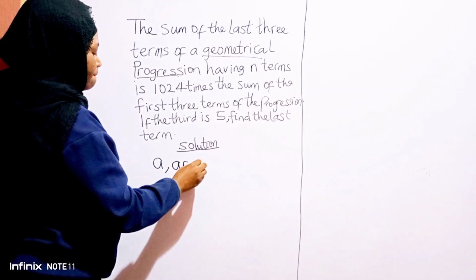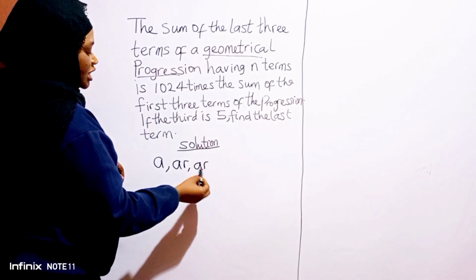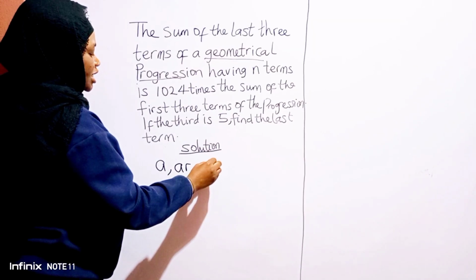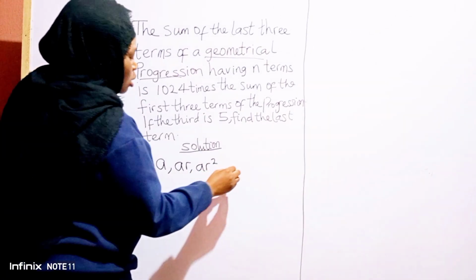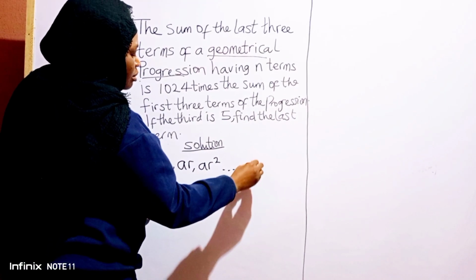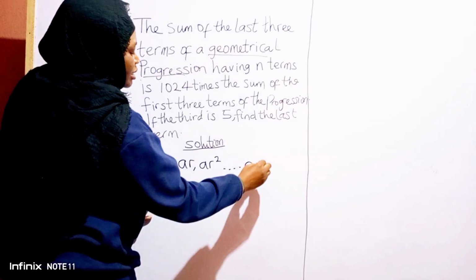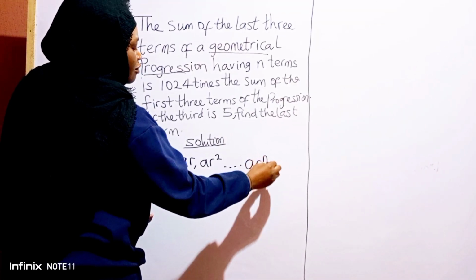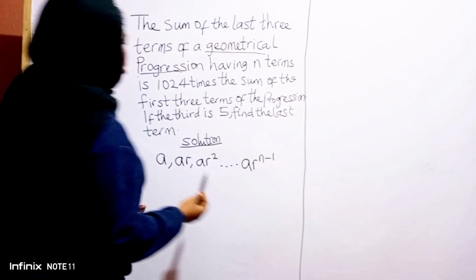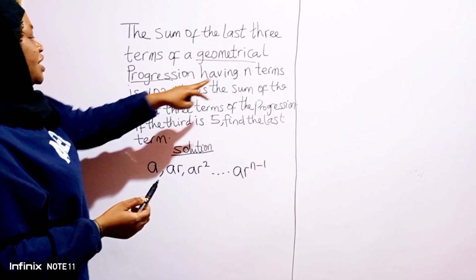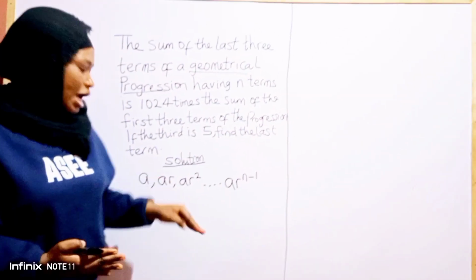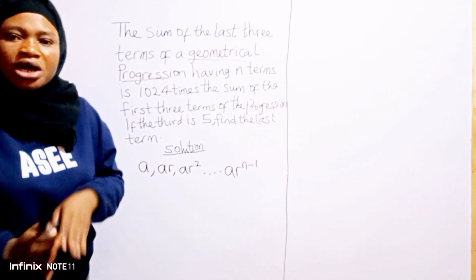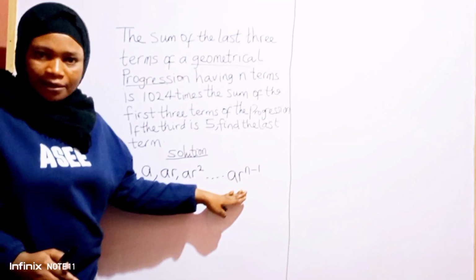The third term is the first term multiplied by the common ratio raised to the power 2, and so on till you get to the last term, the first term multiplied by the common ratio raised to the power of the number of terms minus 1. Because they said it has n terms, we do not know the specific number of terms, so you cannot stop anywhere until you get to the last term.